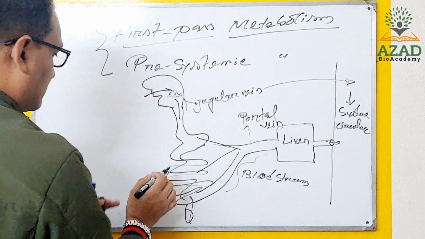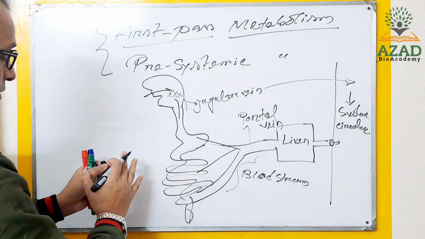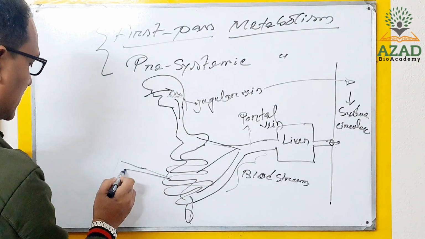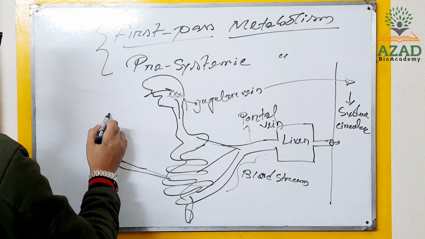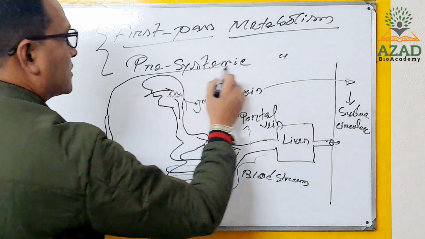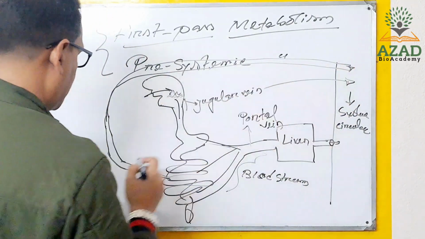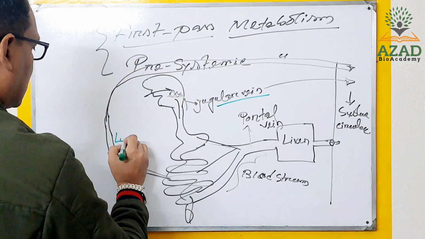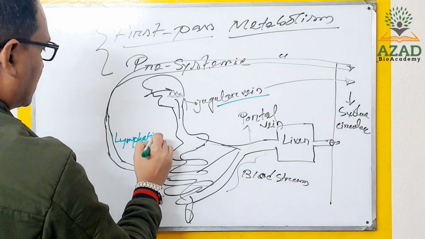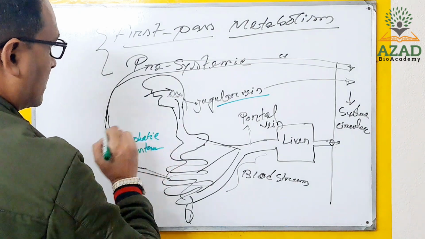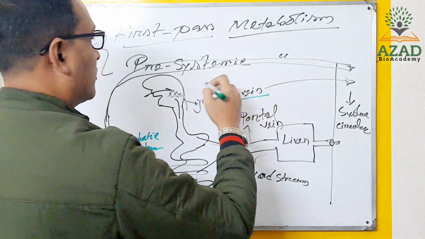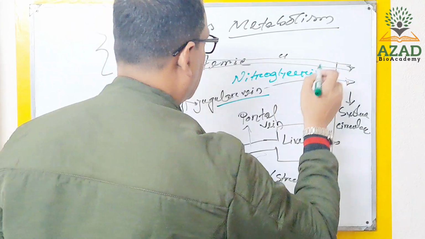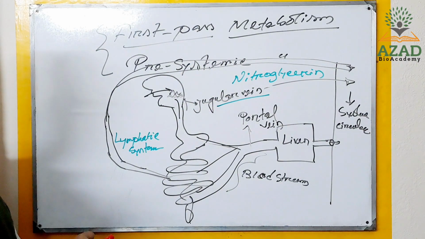From the intestine, some lacteal vessels, that means your lymphatic vessels, will collect some lipophilic substances and it will go to the inferior vena cava, that is the systemic circulation. This is the jugular vein and this is the lymphatic system. Okay, so through the jugular vein or sublingual route, you know the example of nitroglycerin. Nitroglycerin can directly enter into the systemic circulation.